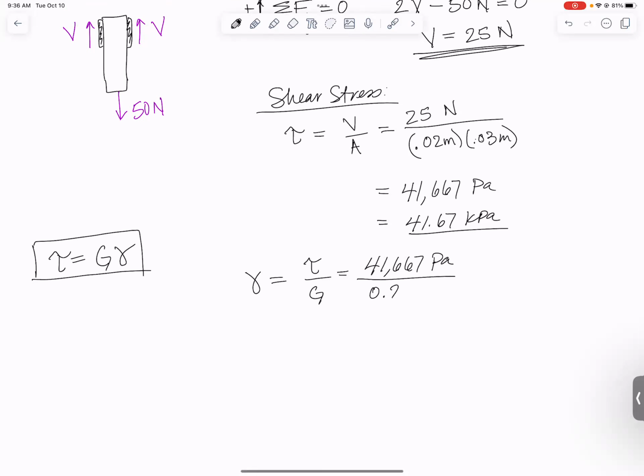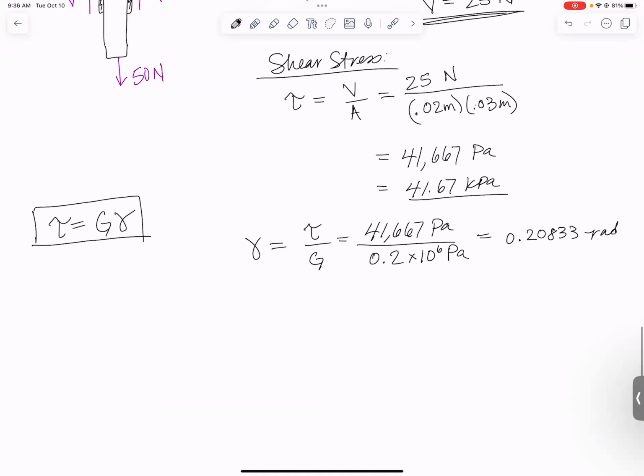G is 0.2 times 10 to the 6th pascals. And this comes out to be 0.20833. It's dimensionless, so we'll call it radians, just to remind us that it's not degrees. Shear strain is a kind of dimensionless angle, so we use radians rather than degrees.